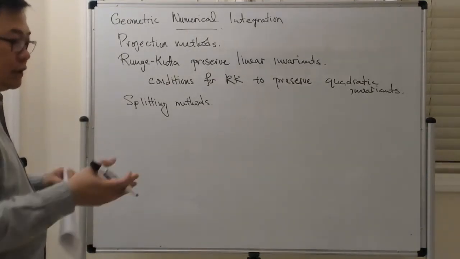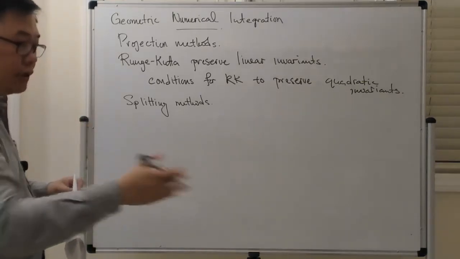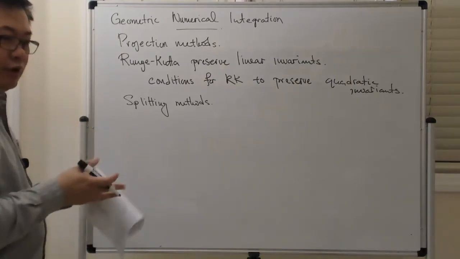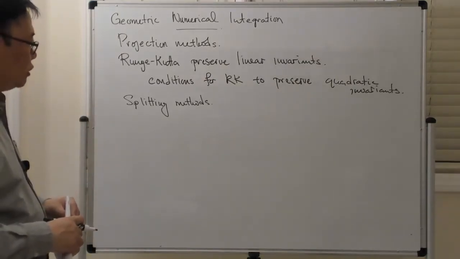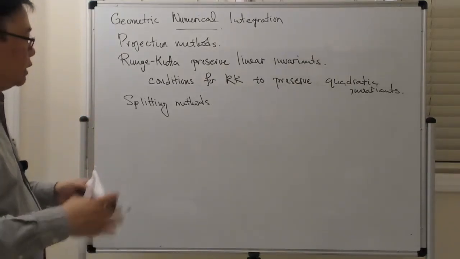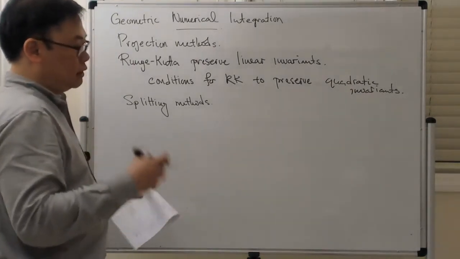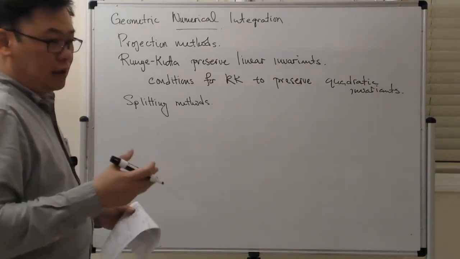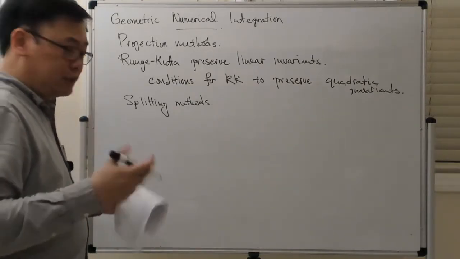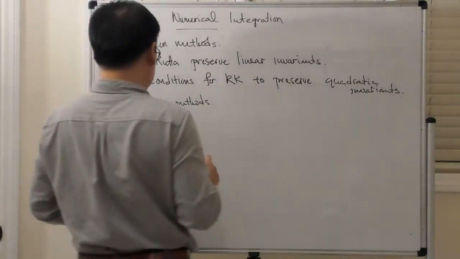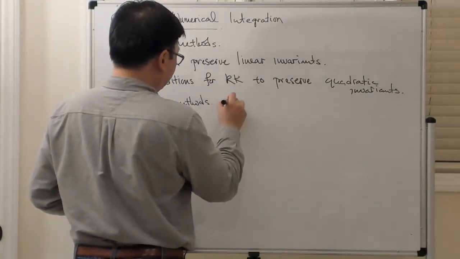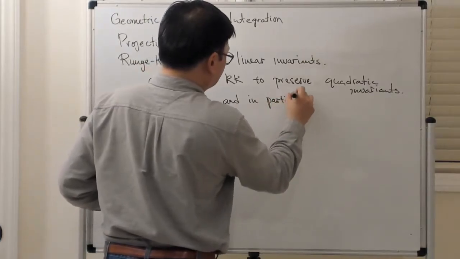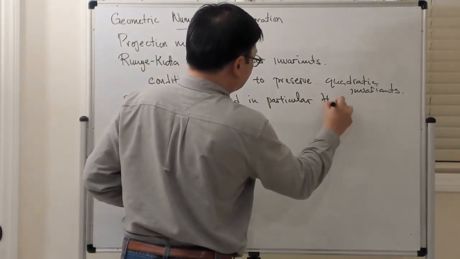So if you split the Hamiltonian into component Hamiltonians, and then you look at the exact Hamiltonian flow of each of those component Hamiltonians, obviously they would be symplectic, so you could easily construct a symplectic method by composing exact flows of Hamiltonian systems, which were themselves symplectic. So splitting methods, and in particular Hamiltonian splitting, right?